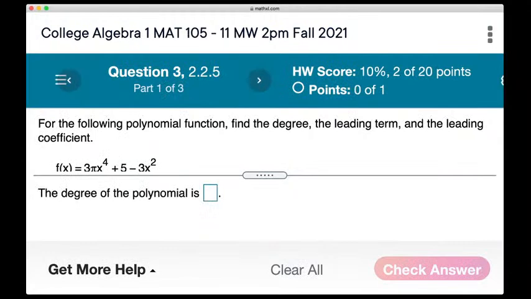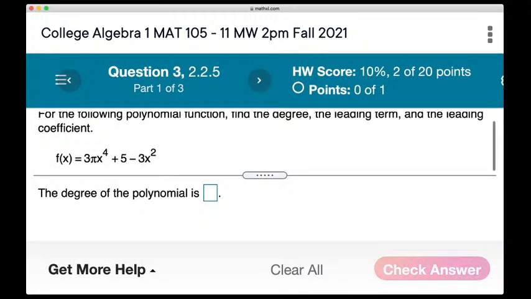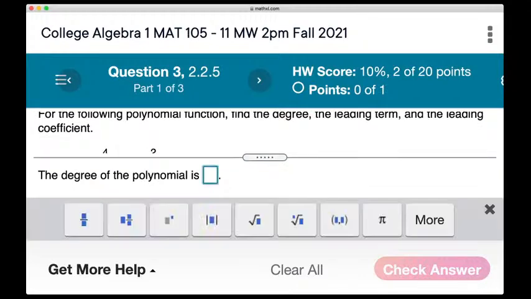For the following polynomial, degree, leading term, and leading coefficient. The degree of this polynomial is 4.